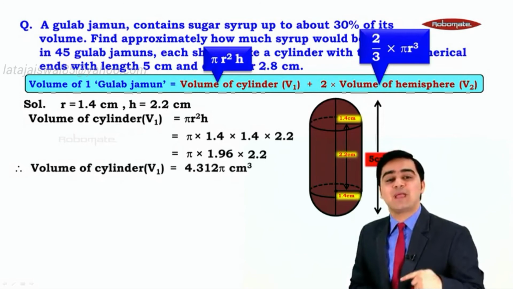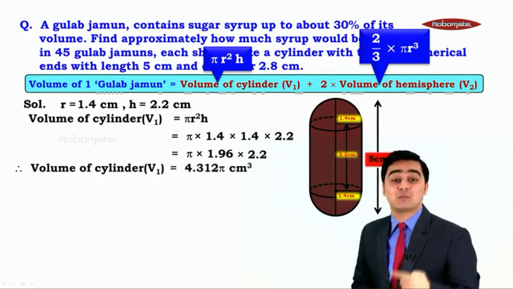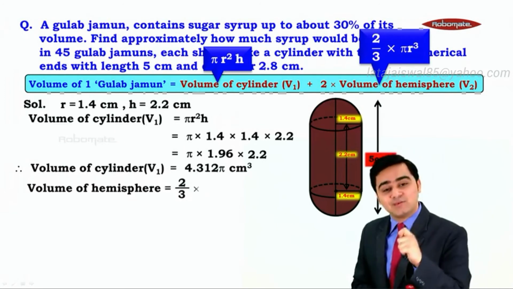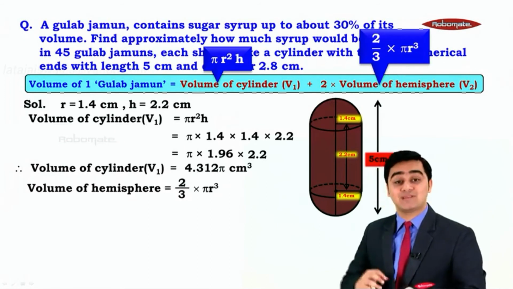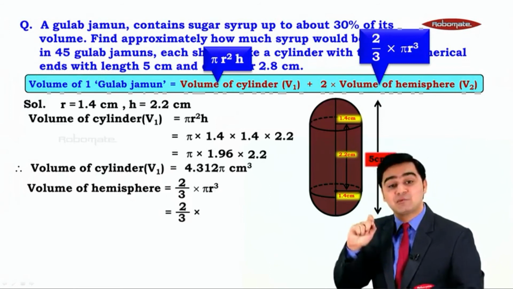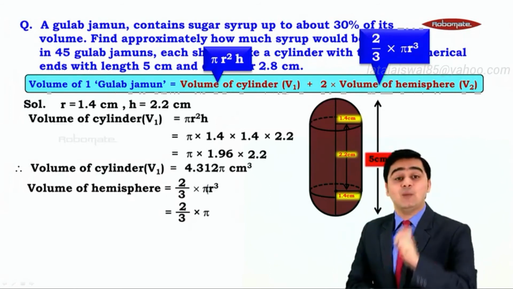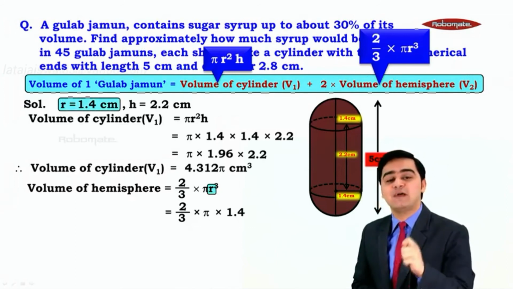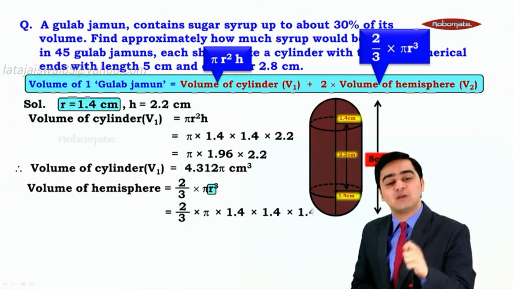Let's now proceed to calculate volume of two hemispheres. Before that, let us calculate volume of one hemisphere first. The formula is 2 by 3 pi r cube. Let us substitute the values. In place of 2 by 3, we'll write 2 by 3. In place of pi, we'll write pi. We know that the radius of the hemisphere is 1.4. So, we'll write 1.4 into 1.4 into 1.4.